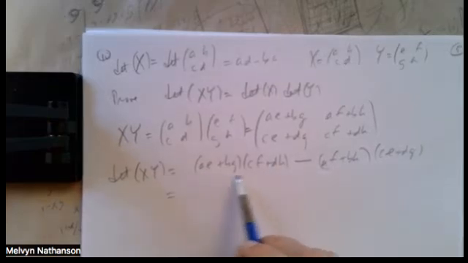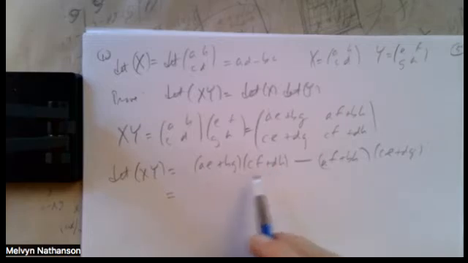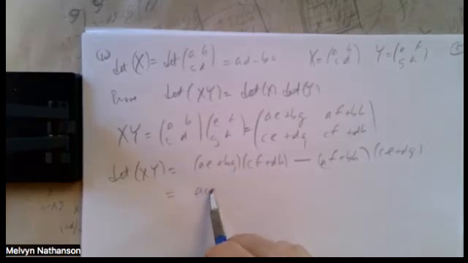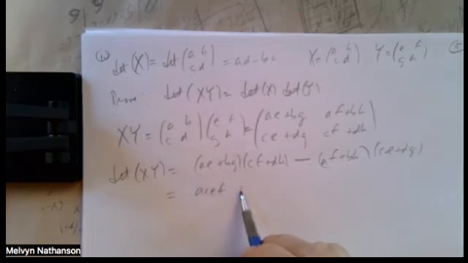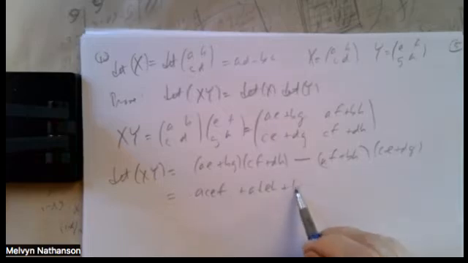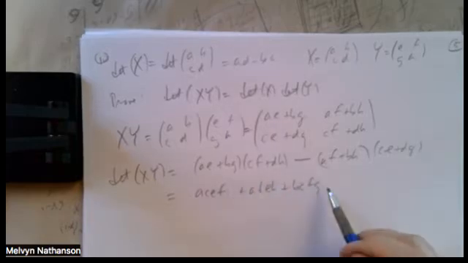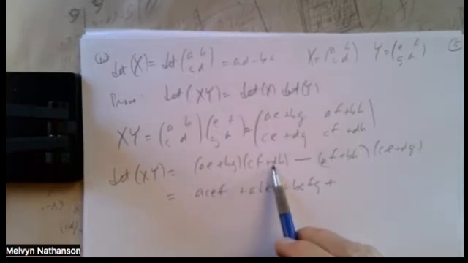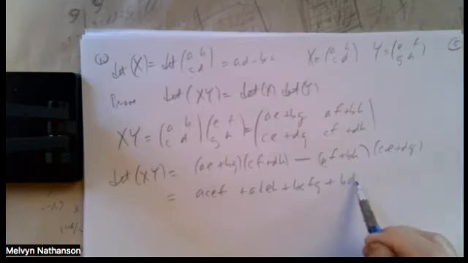This is just multiplying in the form A plus B times C plus D. This is ACEF plus ADEH plus BCFG plus BDGH.